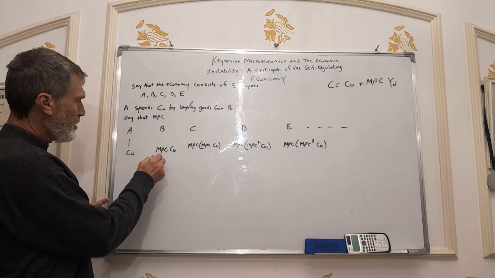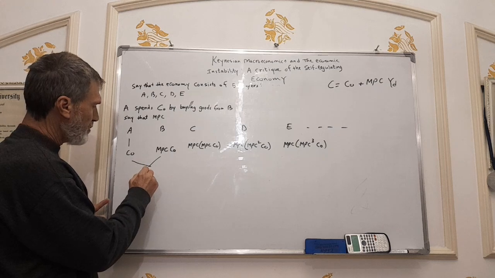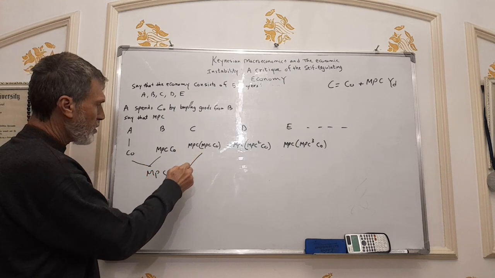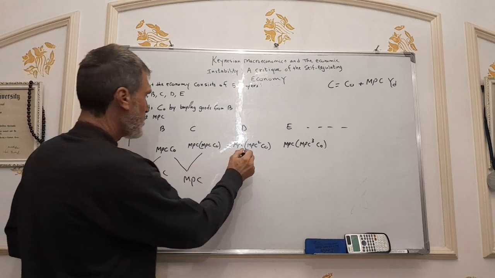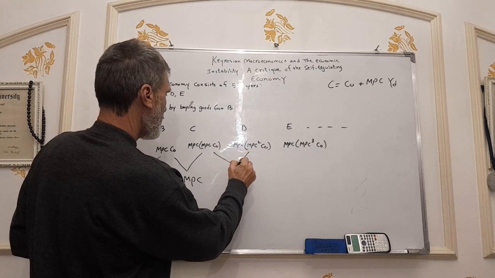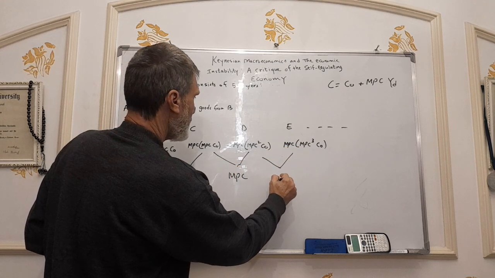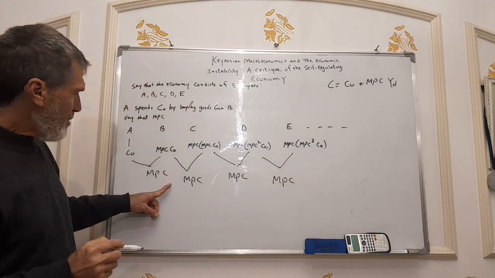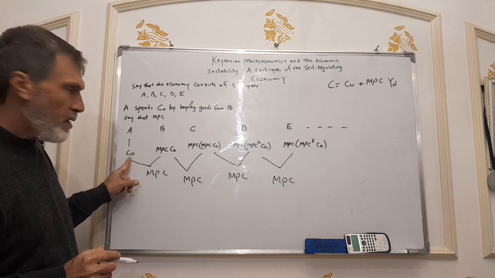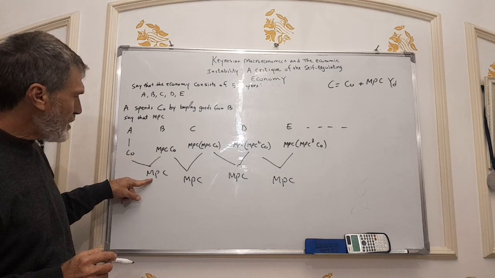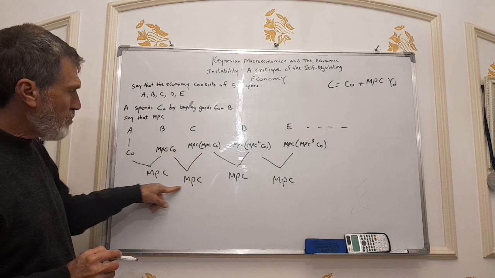If we divide MPC C0 over C0, we come up with MPC. Divide this one over here, we come up with MPC. So we have a constant ratio. Every term has a constant ratio to its preceding term. The ratio of this term over this term is MPC. So this is a geometric series.